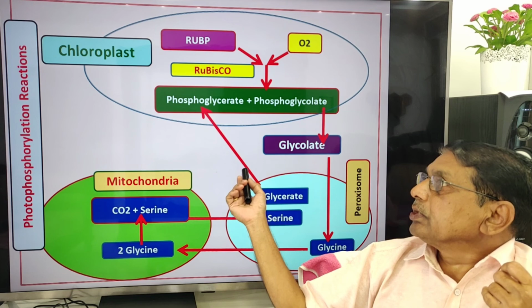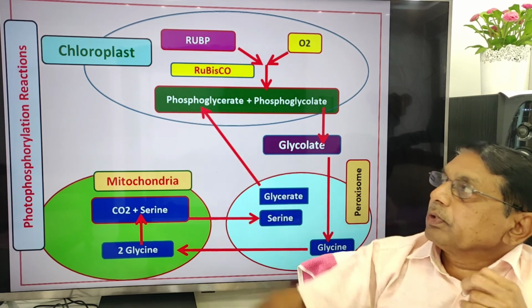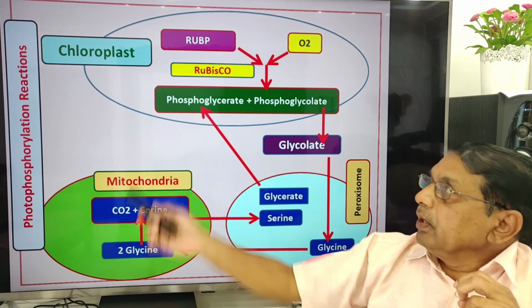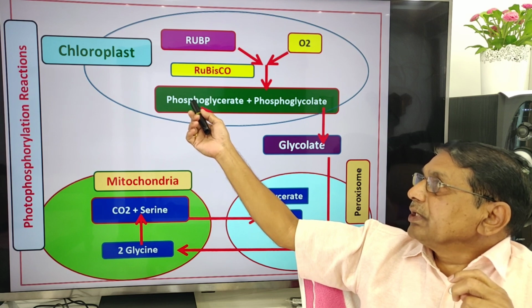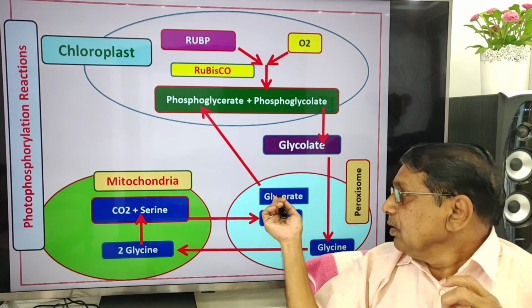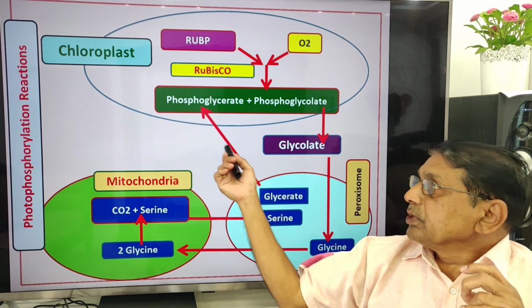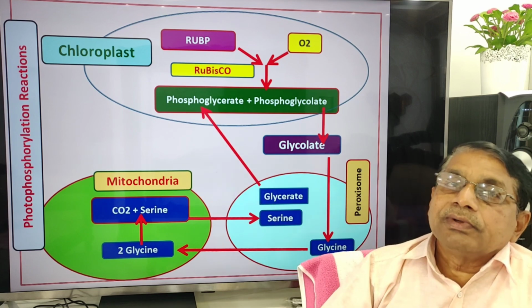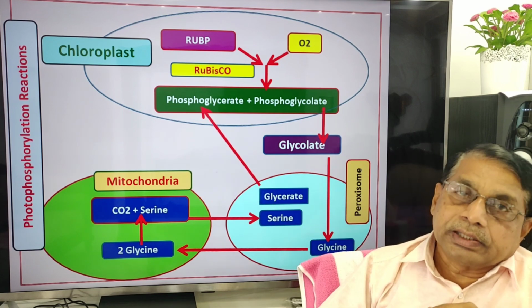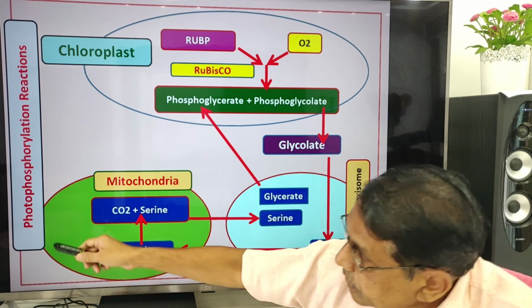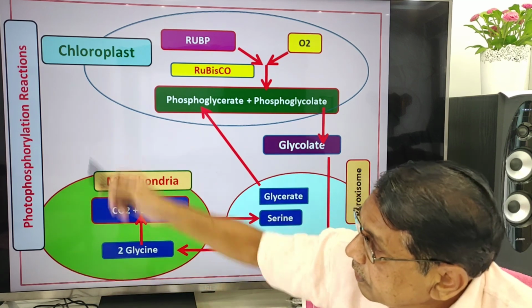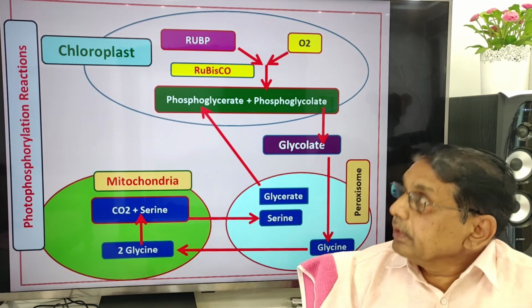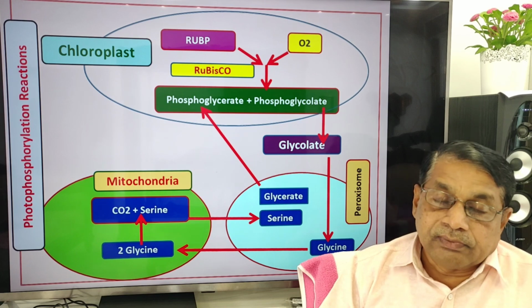The glycerate, if necessary, is transported to chloroplasts, where it is utilized, like the original phosphoglycerate, for Calvin cycle type of reactions. These are the photorespiration reactions.